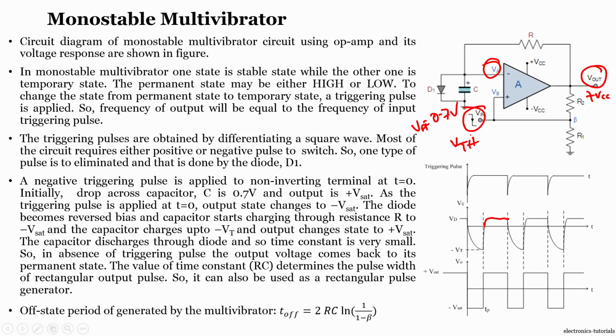When I give a negative pulse at the positive input, obviously the VA value is greater than VB. The condition is satisfied. As a result, the output will go to minus VCC. When the output goes to minus VCC, since the diode will be in reverse bias condition, the capacitor will start to discharge till what?